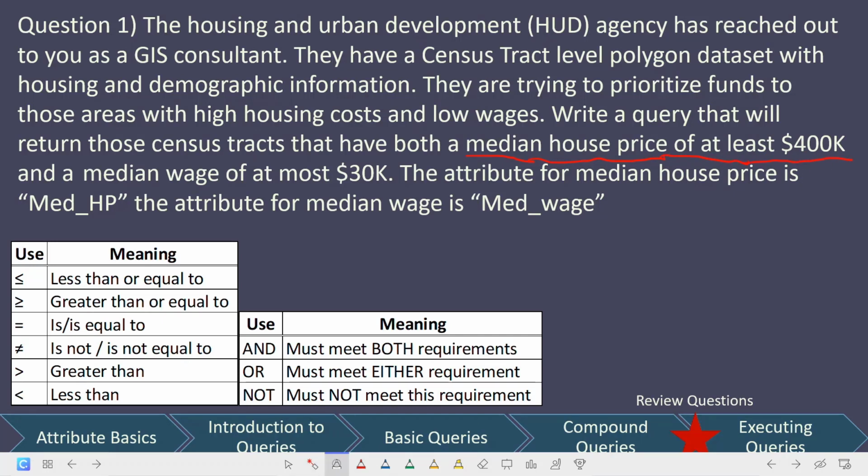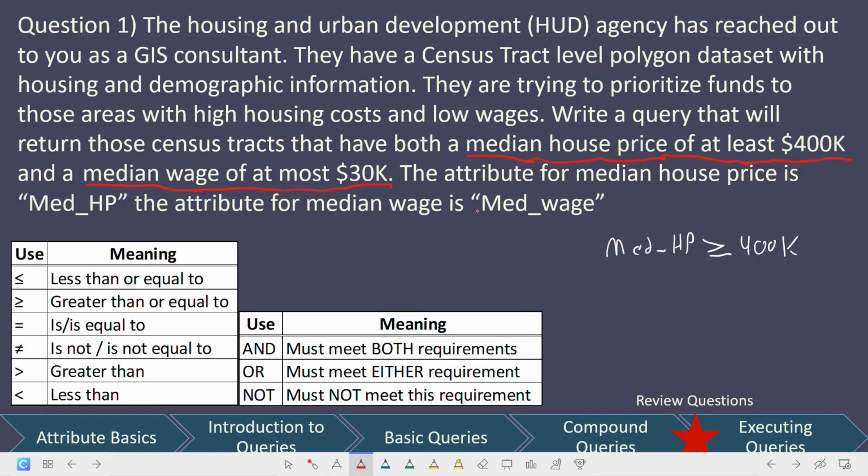And turning that into a query, we have median house price, which is med HP, of at least, and we know whenever we see at least, that means greater than or equal to 40,000 or 400,000. We also have this second piece here of median wage of at most 30,000.